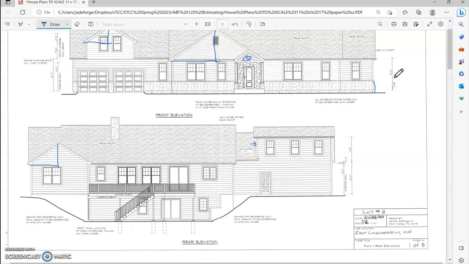So that's the height of our cultured stone. And then don't forget, we also have this 8 foot by 8 foot wall on the back for the cultured stone. I'm just going to do that calculation really quickly. So that's 8 times 8.